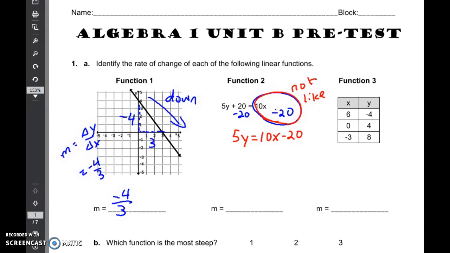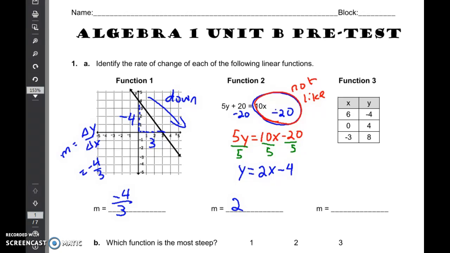And now we need to divide, and when we divide, we divide every part. If you divide the whole side, you divide each part split up by addition or subtraction. The final result is y equals 2x minus 4, since 10 divided by 5 is 2, 20 divided by 5 is 4, and the slope is the number in front of x.